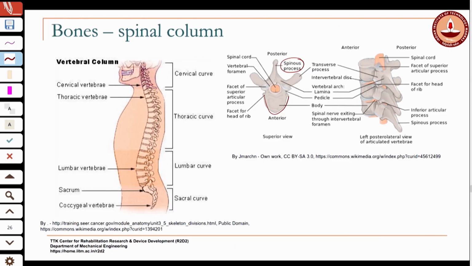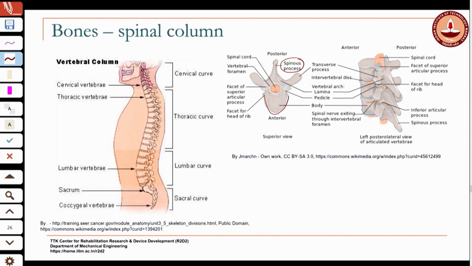And there is a cavity in the head of the vertebra. So, in the central portion you have an empty column through which the spinal cord passes.